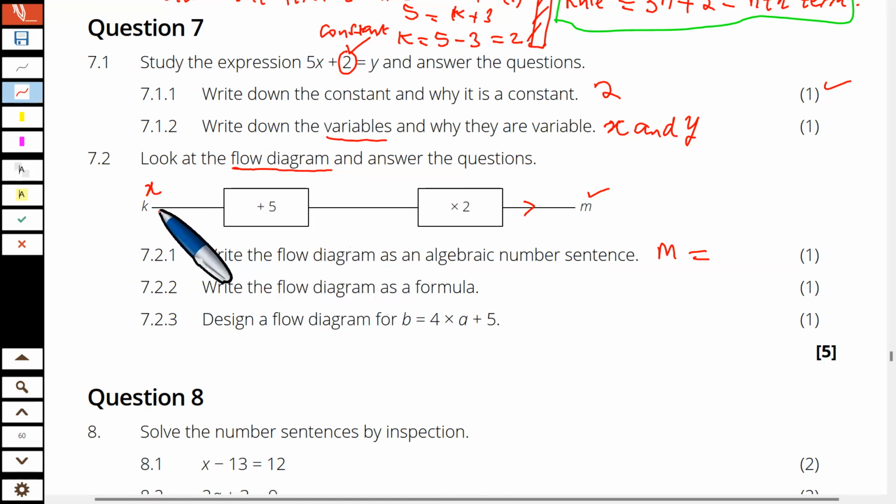So if you start with x, 5 is added to it, and then 2 is multiplied.